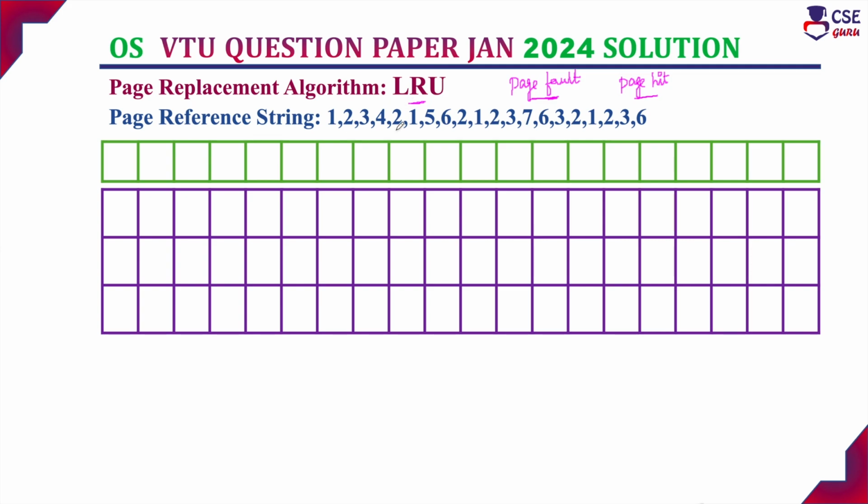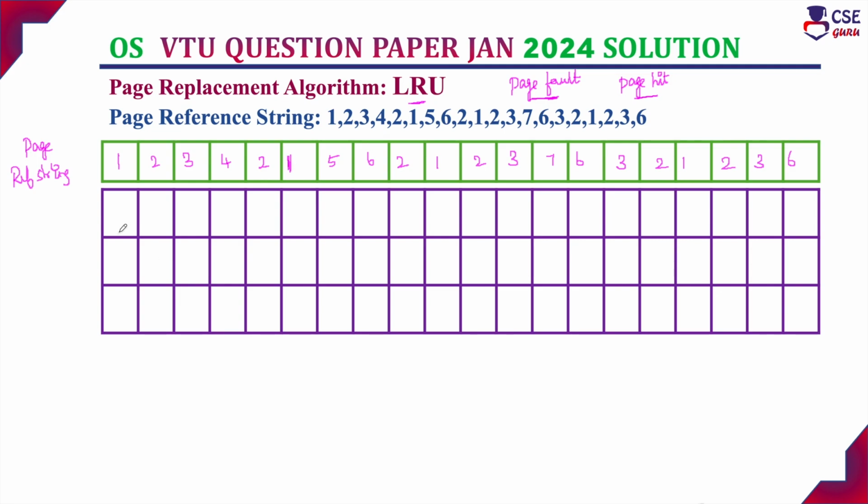Now this is the given reference string. The page reference string is 1, 2, 3, 4, 2, 1, 5, 6, 2, 1, 2, 3, 7, 6, 3, 2, 1, 2, 3, 6. So this is the given reference string.